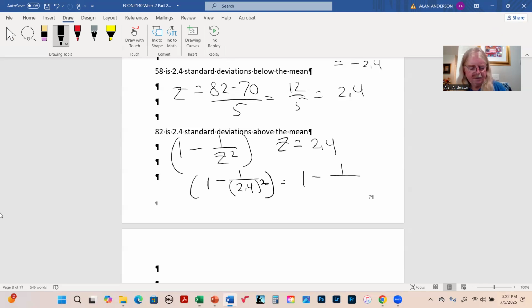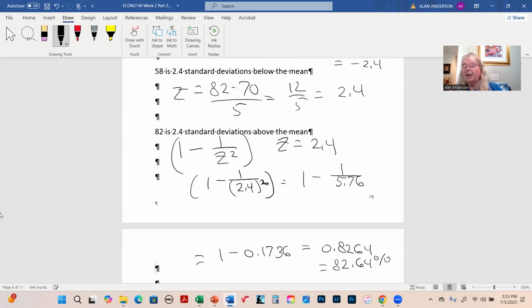so 2.4 squared is 5.76. 1 over that is 0.1736, and that leaves us with 0.8264. 82.64%.